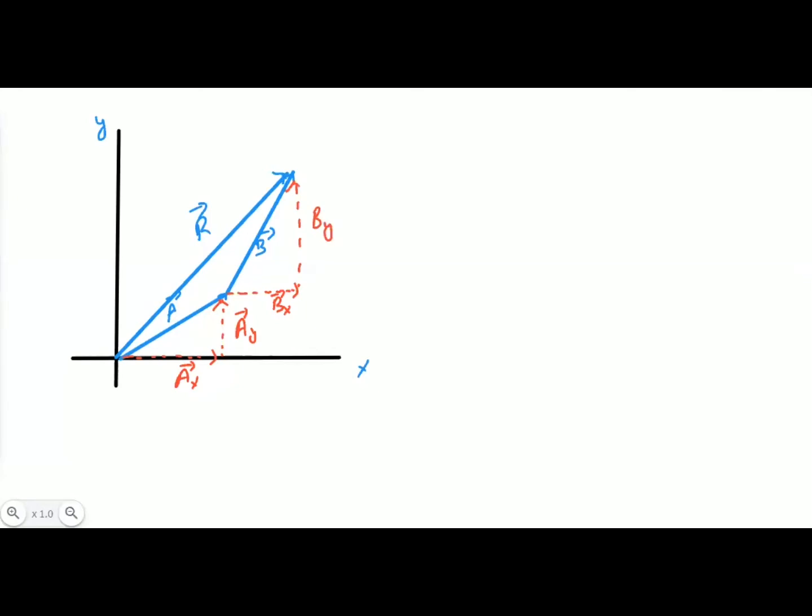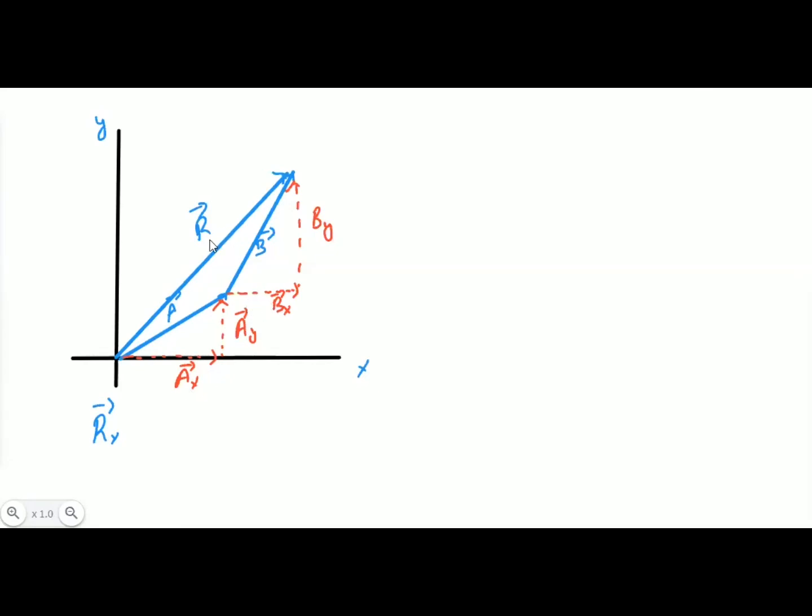So now if we want to find out the x component of the resultant vector R, the x component of the resultant vector R will be equal to the sum of the AX component plus BX component.